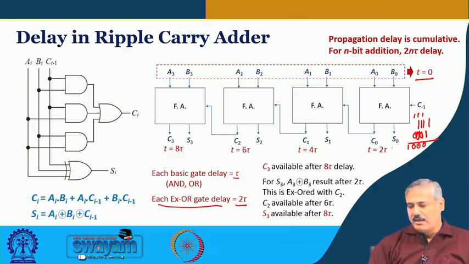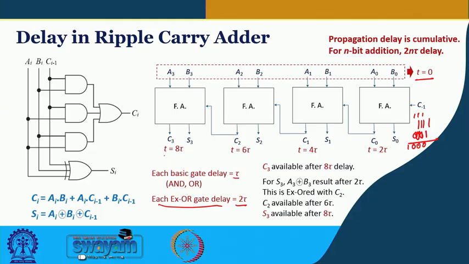That is when the number is placed and we have to wait for the carry to arrive at the endmost adder. So, t is equal to 0, and we have noted that the carry is generated by a b plus b c in plus a c in. That is one bank of AND gates and an OR gate.